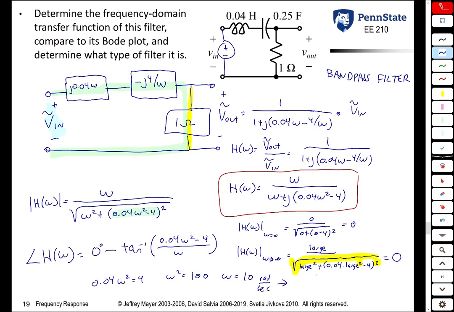We get 10 over the square root of 10 squared plus 0, or 1. So what we see for low frequencies, we get a gain of 0. For high frequencies, we get a gain of 0. And at this particular middle frequency, we get a gain of 1.